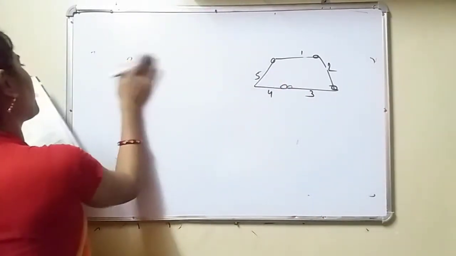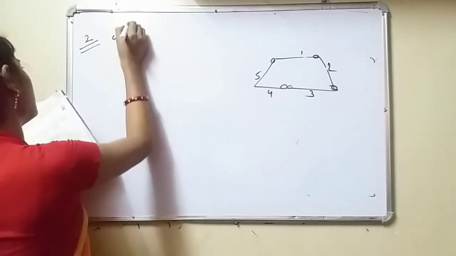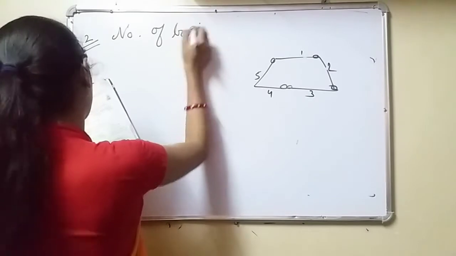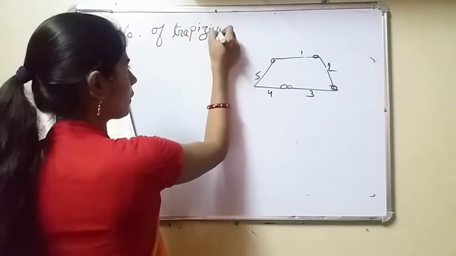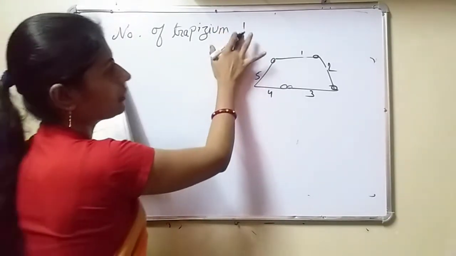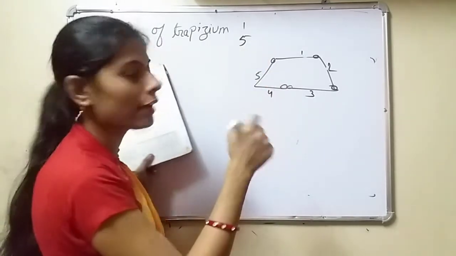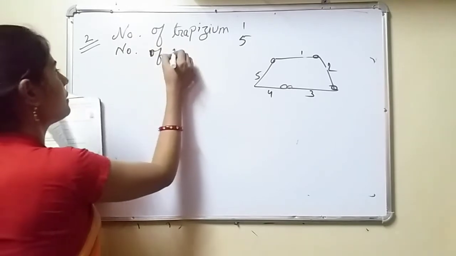Now see question number 2. They have asked here number of trapezium. In one trapezium how many sides are there? How many matchsticks they have put? 5. Then number of matchsticks.